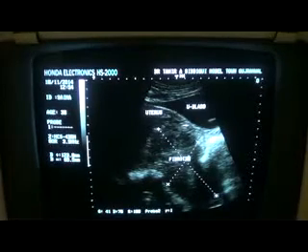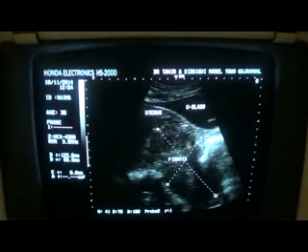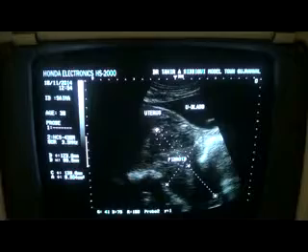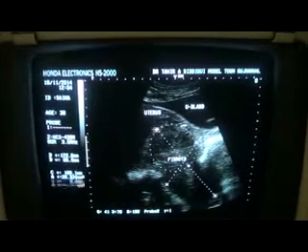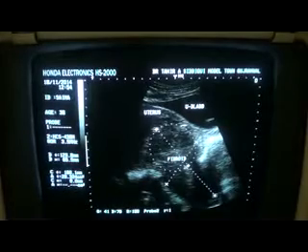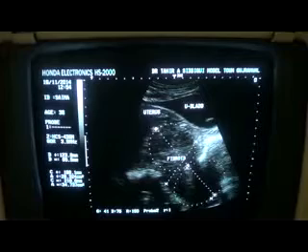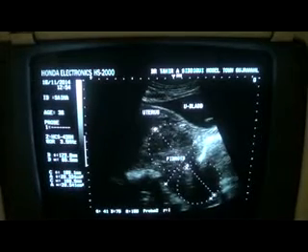It's a pedunculated fibroid. You see this part up to here. From here to here, it relates. It's intrauterine, and from here to here, it's extending posterior inferiorly, and it's a pedunculated fibroid.